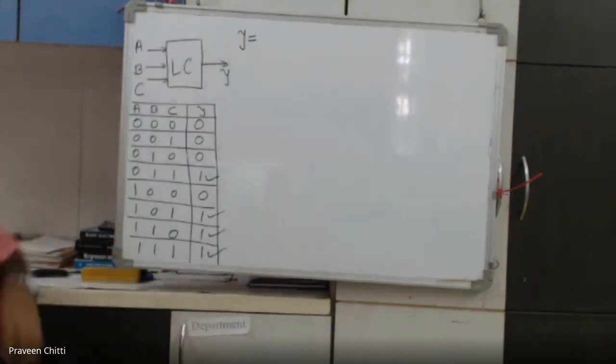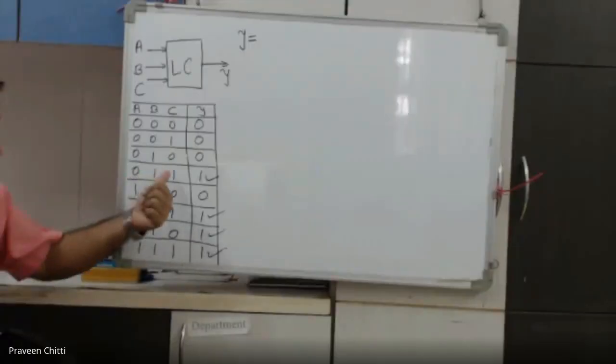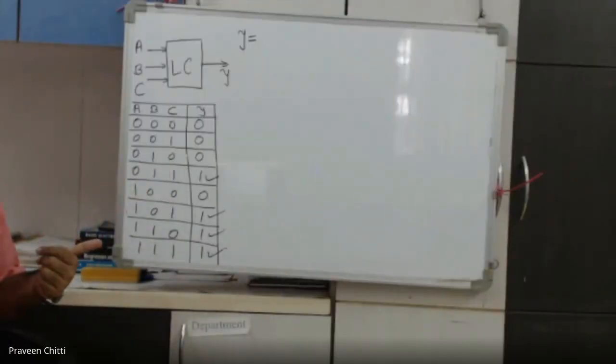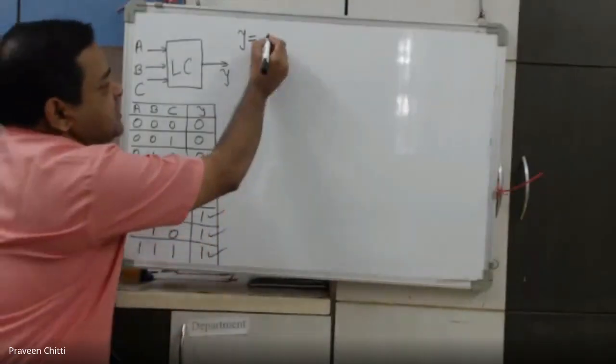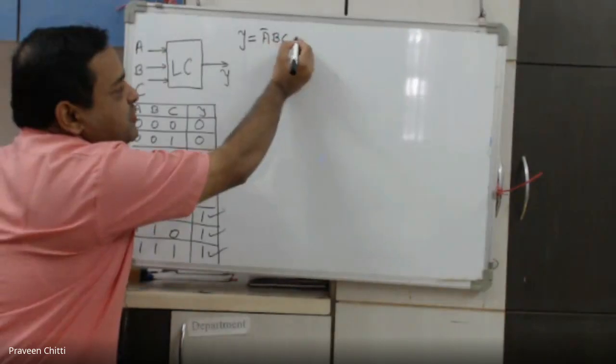So you have to write 4 product terms. What is the product term corresponding to the first one? The first term is A bar BC.